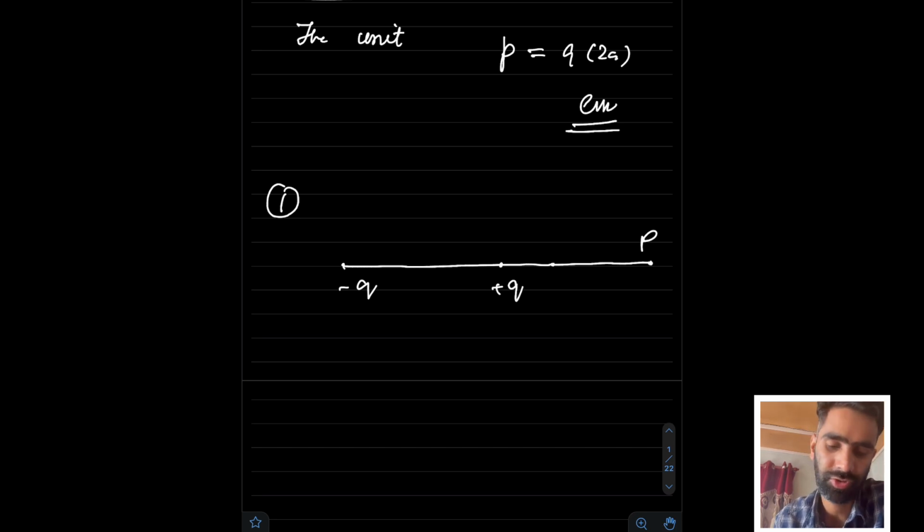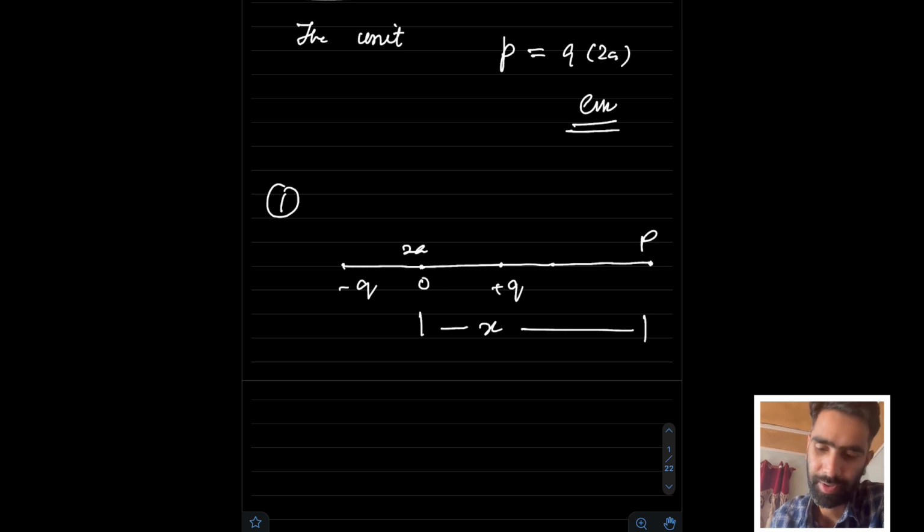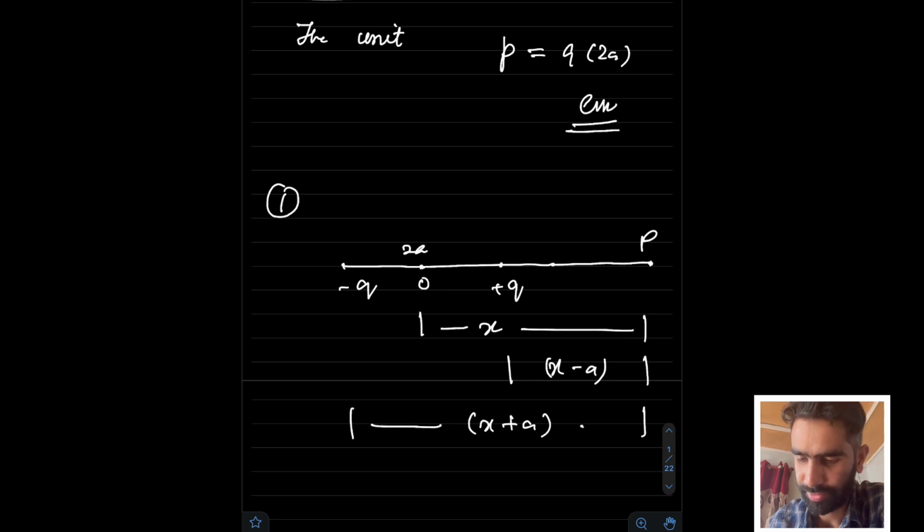Minus q and plus q charges are separated by distance 2a, and if O is the center of the dipole, the point of observation is r units from the center of the dipole. Therefore, plus q charge will be at a distance of r minus a, and minus q charge will be at a distance of r plus a.